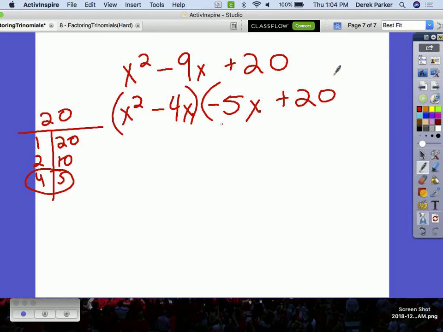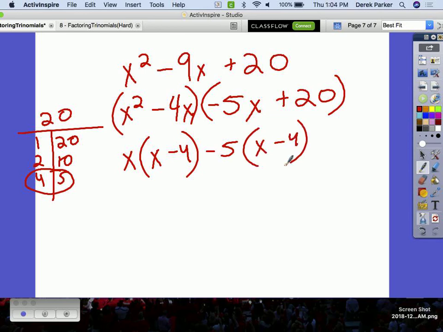Pull the x out, x minus 4. Pull the negative 5 out, and I get negative 5 times x minus 4. My answer is x minus 5 parentheses x minus 4.